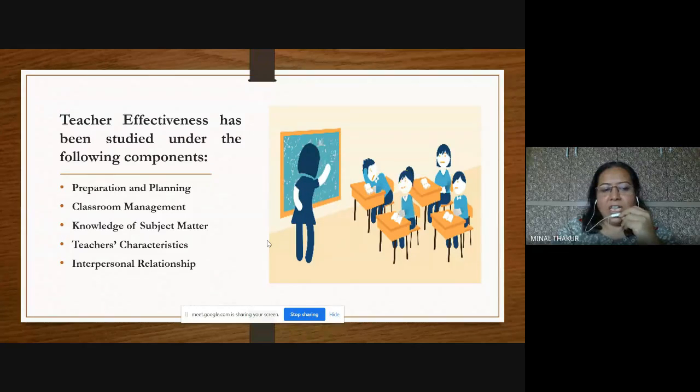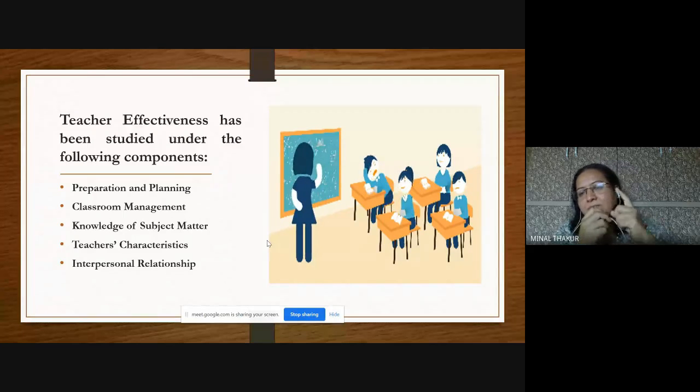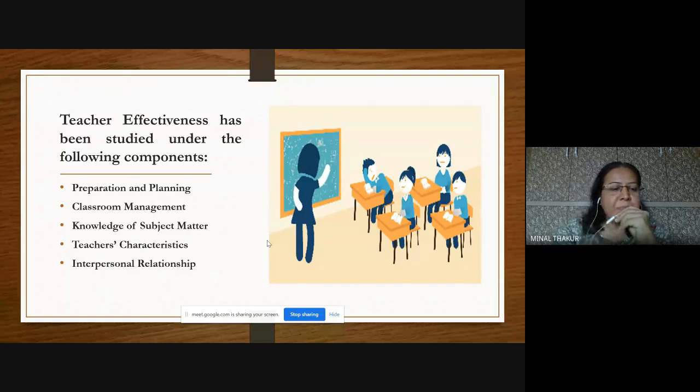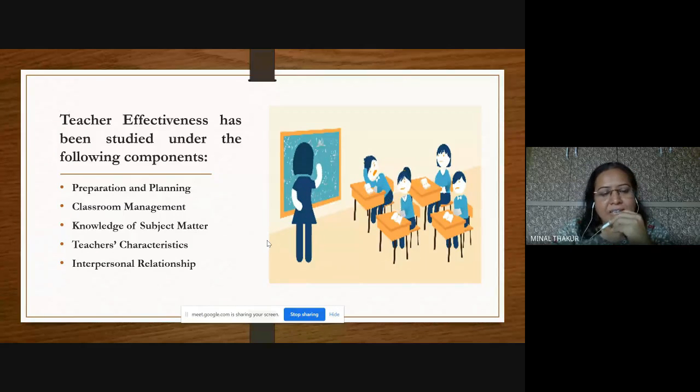Third one is knowledge of subject matter. It is very important that you have the knowledge of the subject that you are teaching in the classroom. You don't have to prepare only for one lesson, but you should have the knowledge of the entire text of the standard that you are going to teach. Next is teacher's characteristics.